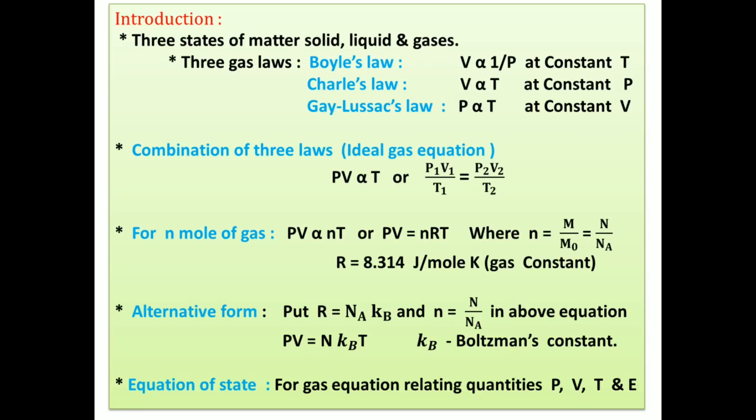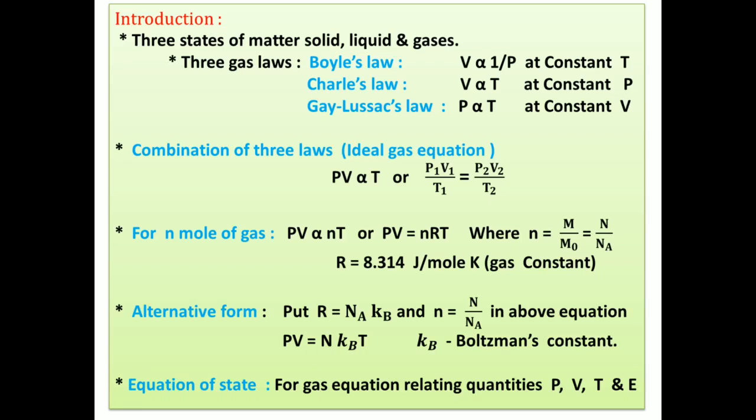Now the alternative form of the equation of state. If we put R, the gas constant, equal to Avogadro's number into kB, where kB is the Boltzmann constant, its value is worked out as 1.38 into 10 raised to minus 23 joule per Kelvin, and number of moles n upon Na in the above equation.